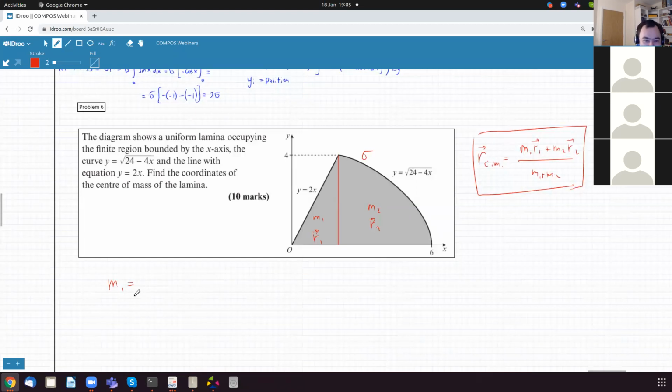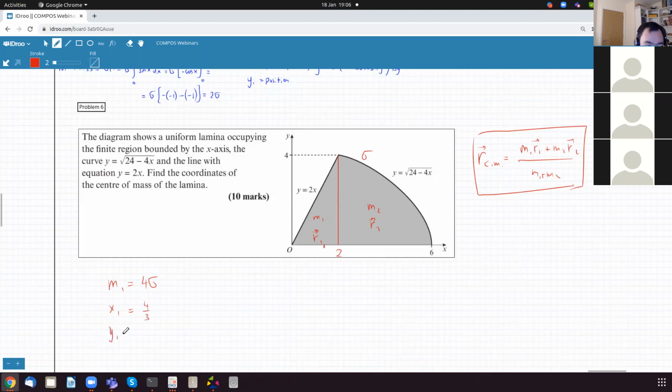So m1 is the area, which is 2 times 4 is 8, over 2 is 4 sigma. And then x1, the coordinate of the center of mass of the triangle, is 2/3 of the way, so 2/3 times 2 is 4/3.